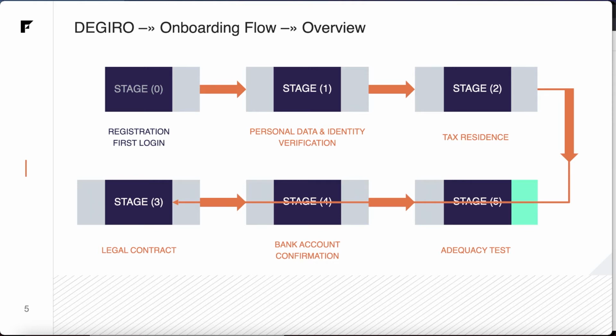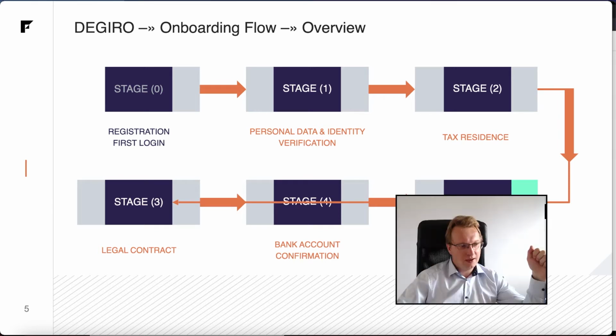And the final stage, the 5th, is actually a recurring stage. It's the adequacy test or MiFID regulatory test, which is about testing the user's knowledge and the adequacy of the financial product offered. In that case, it's about your needed knowledge of stocks and investing in stocks, what risks are connected, and so on. And they have a lot of these tests for different product lines.